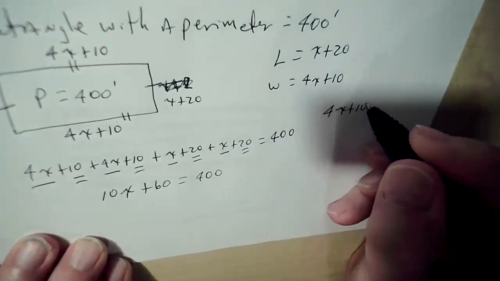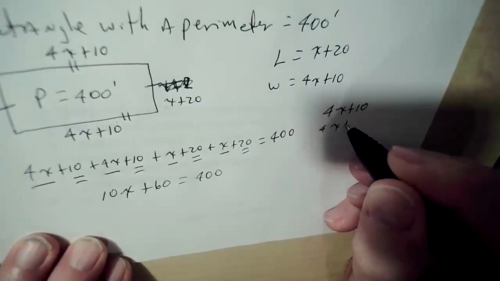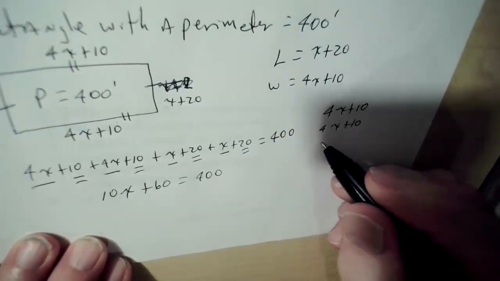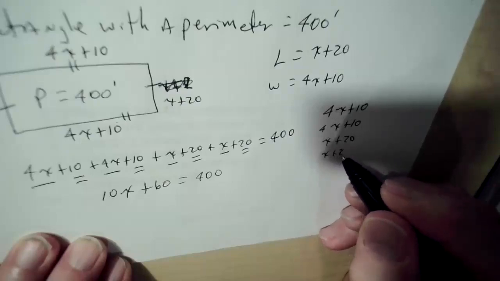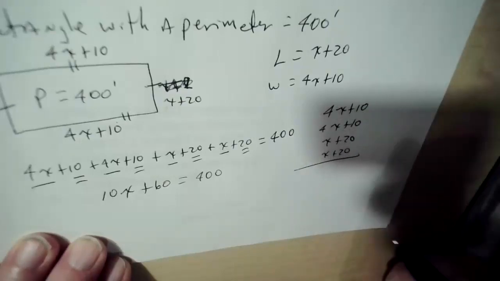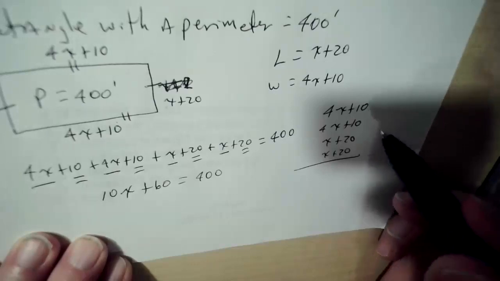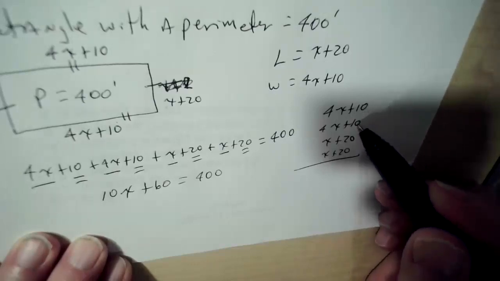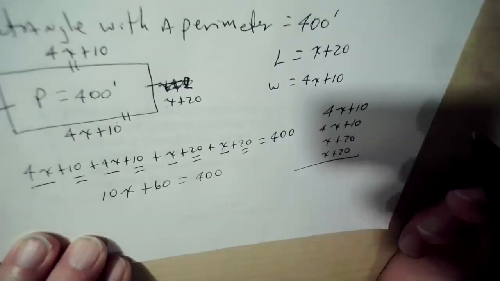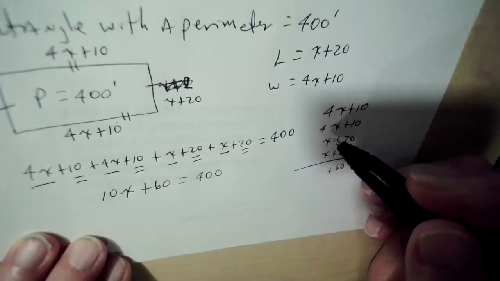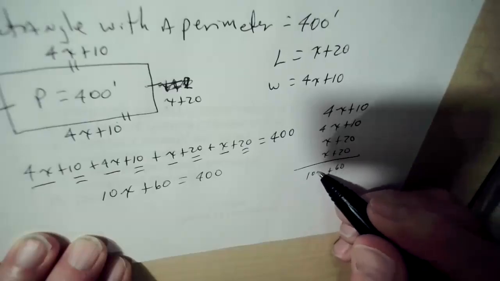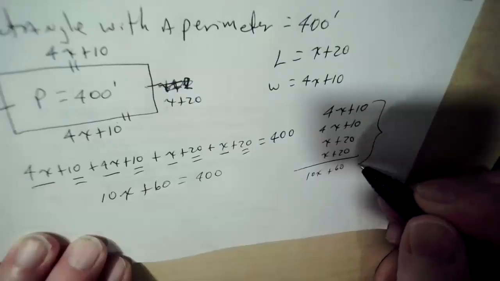Now, what you can do is make this kind of like an arithmetic problem where you go 4x plus 10, 4x plus 10, x plus 20, and x plus 20. That way the like terms line up. 10 plus 20 is 40, 60. You can do it like this too.